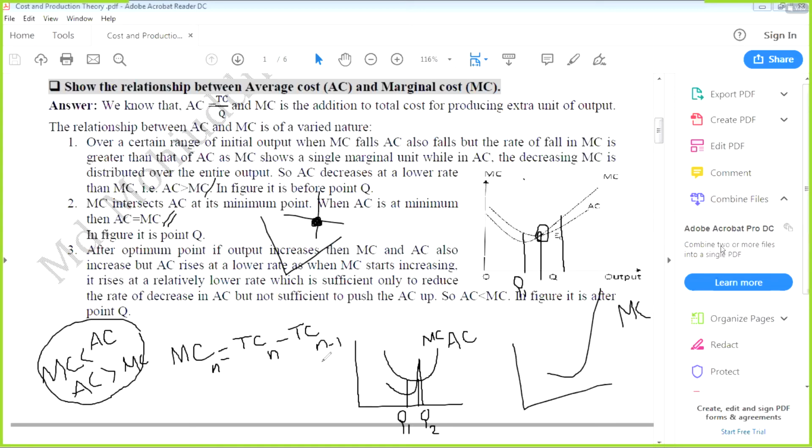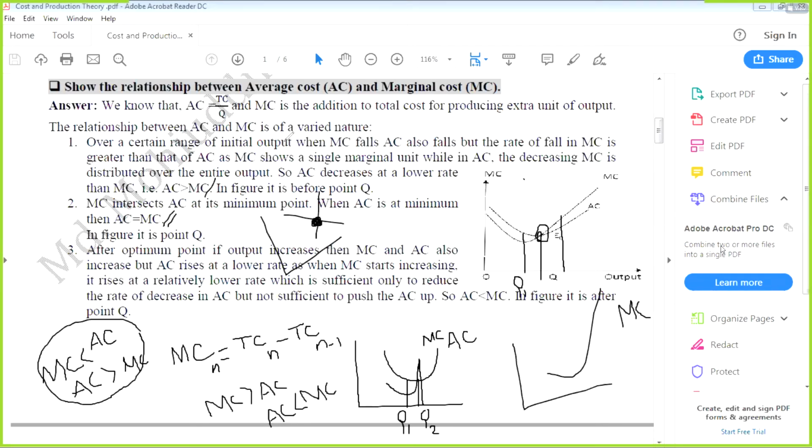Marginal cost. So MC is greater than AC. Or in an alternative way, I can write AC is less than MC. This is the diagrammatic explanation of this relationship.